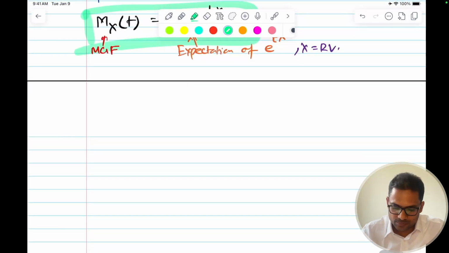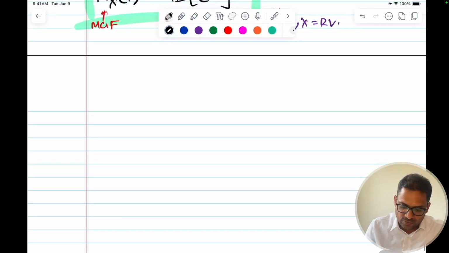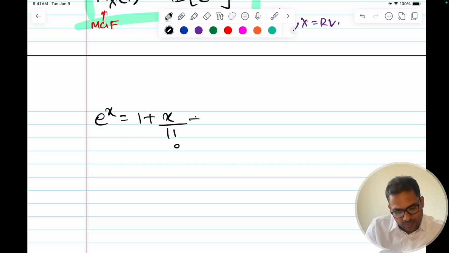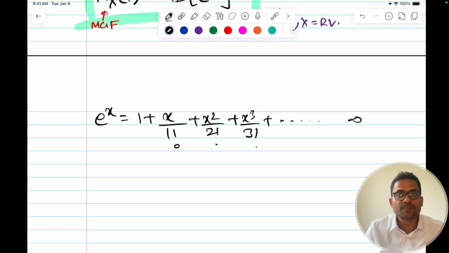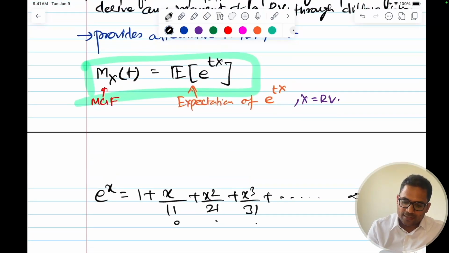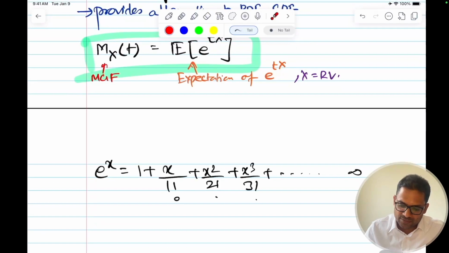We know the exponential formula, right? What is e to the power x? This is equal to 1 plus x by 1 factorial plus x square by 2 factorial plus x cube by 3 factorial, and so on till infinity. Our moment generating function is e to the power tx, so replace x with tx.